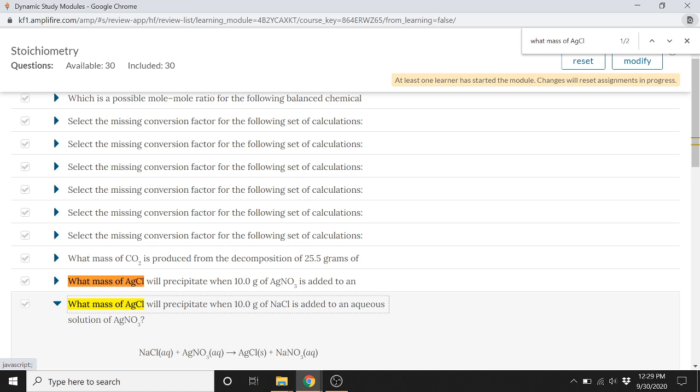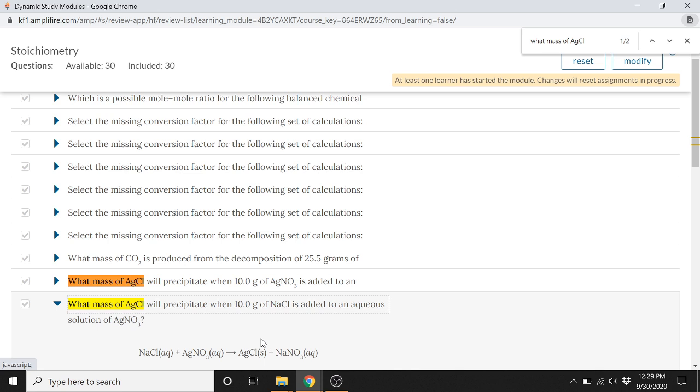So you look up Ag on the periodic table, plus the Cl, which is like 143 grams per mole.